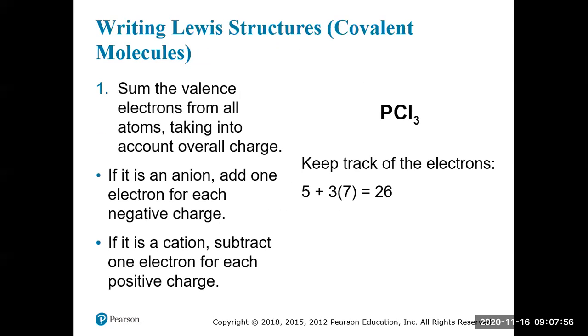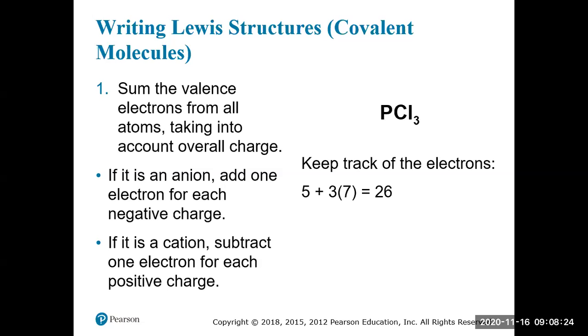Let's talk about writing Lewis structures again, focusing on the covalent molecules. When we draw these Lewis structures, these dot structures, there's a process we can go through to help us keep track of things. The first thing is to sum up the valence electrons from all the atoms, and then also take into account the overall charge.